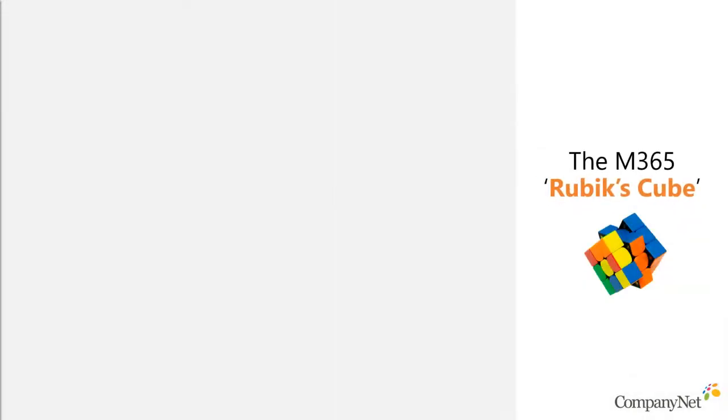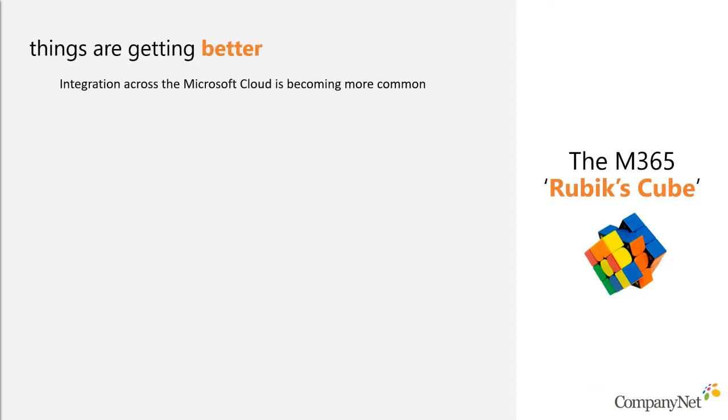So let's look a bit deeper into how things are evolving and changing, and this statement here about things are getting better. So integration across the Microsoft Cloud is becoming more common. I mean, we've seen this more often with the Microsoft Defender security platform. All of the tools are becoming more integrated with each other, integrated with the platforms that we collaborate and work on.